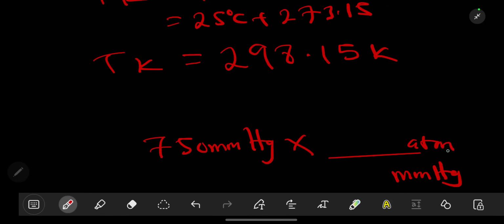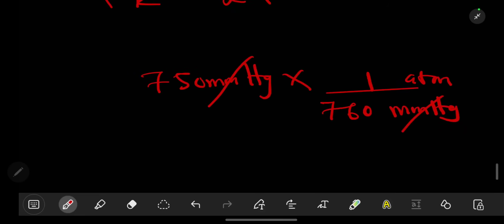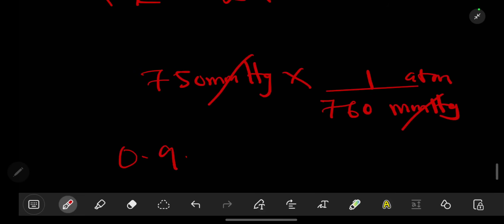We are going to have 750 divided by 760. This is going to give us 0.9868 atm. This will be our pressure in atm.